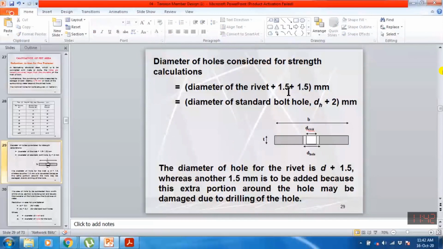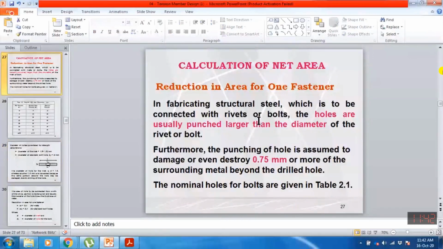So it means that in fabrication, structural steel which is to be connected with a rivet or bolt, the holes are usually punched larger than the diameter. Furthermore, the punching of the hole is assumed to damage or even destroy 0.75 millimeter or more of the surrounding metal, 0.75 on both sides. So the total will be 1.5.